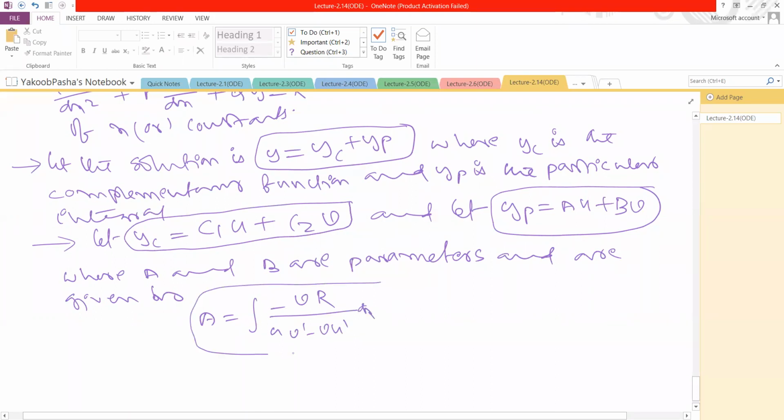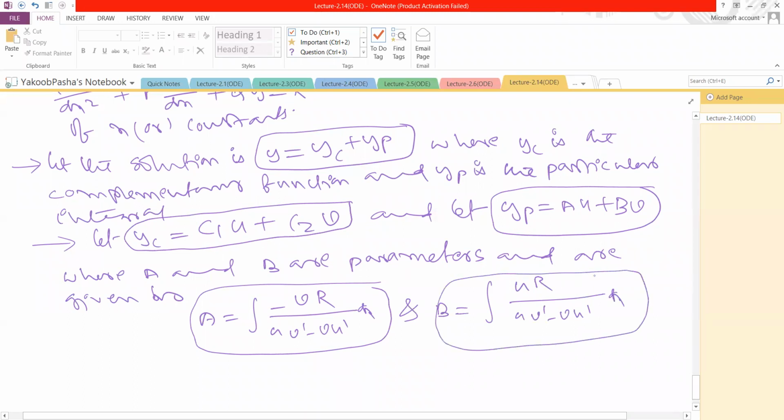This is the formula for A. And B is equal to integral of u r divided by u v dash minus v u dash into dx. This is the formula to find the B value. This is dx.